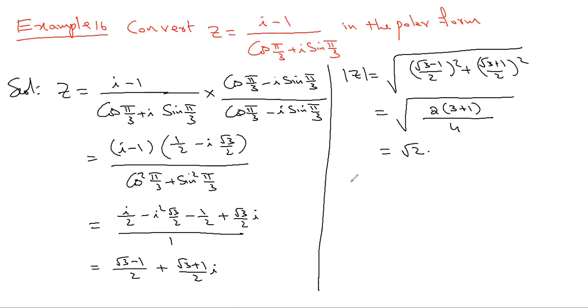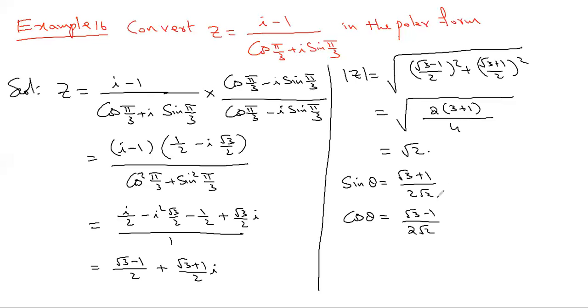Then the other values: sine theta is y by r, where y is root 3 plus 1 by 2 by root 2, that is 2 root 2. Cos theta is x by r, where x is root 3 minus 1 by 2 root 2. We know the values of these in trigonometry. Sine 75 degrees is root 3 plus 1 by 2 root 2, and cos 75 degrees is root 3 minus 1 by 2 root 2.